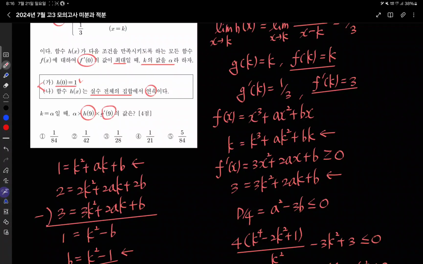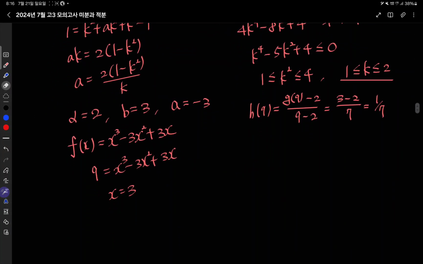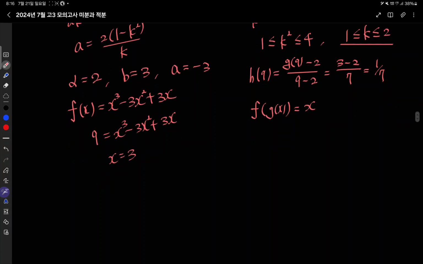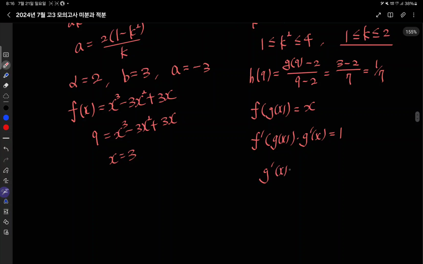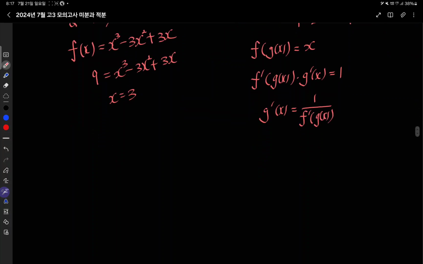And to find the value of g prime of 9, if we take the derivative of this equation, we can make this derivative.